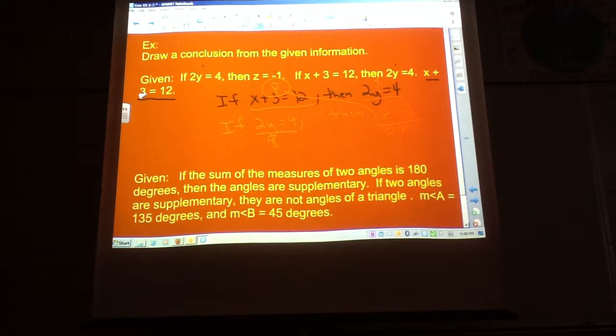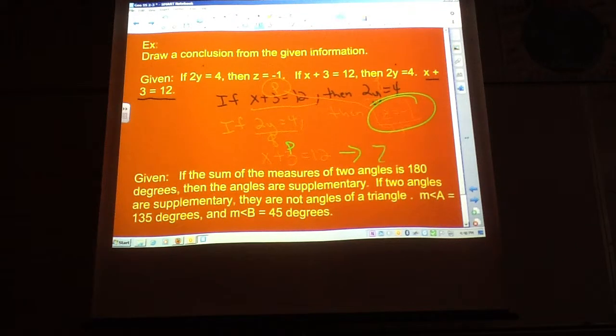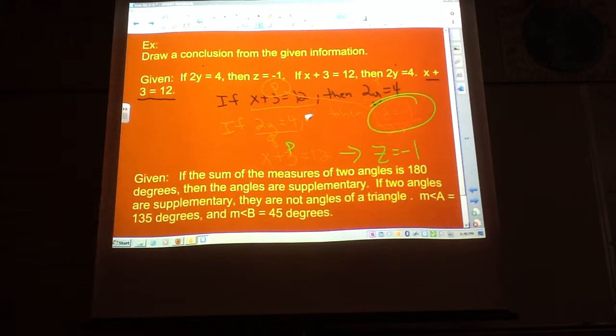This x plus 3 equals 12, that is our P again. So what can I conclude would have to be my R, which is z equals -1. So sometimes to make a valid argument using the law of syllogism, we might have to rearrange the statements to put it in the order that makes sense for that law.